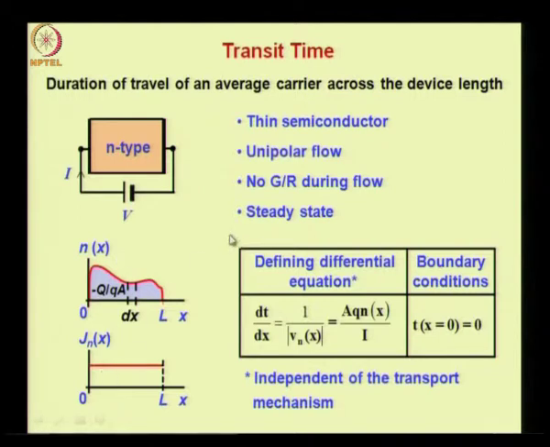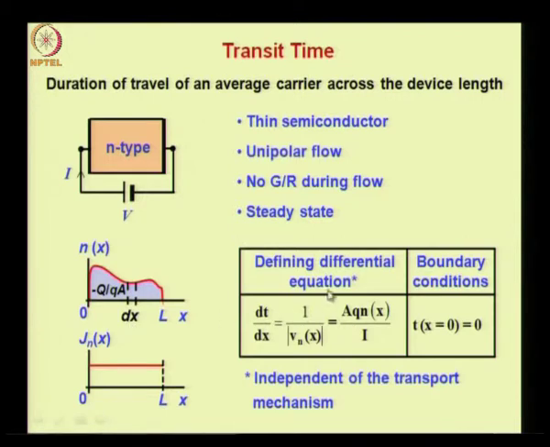In this case we talked about electrons. Now because there is steady state and no generation or recombination, the current density of carriers would remain constant over x, and under these conditions, no matter what is the cause of the current, it could be diffusion, it could be drift, it could be a combination of the two, you can define a time associated with the travel of the electron from one point to another in the device.